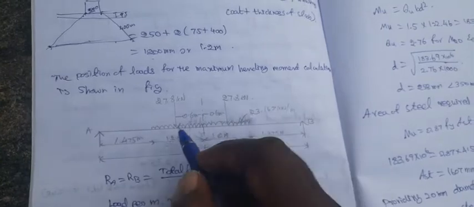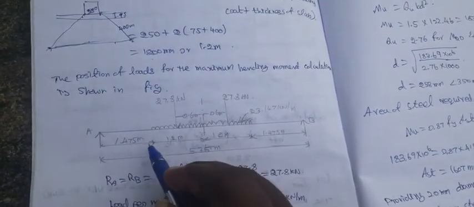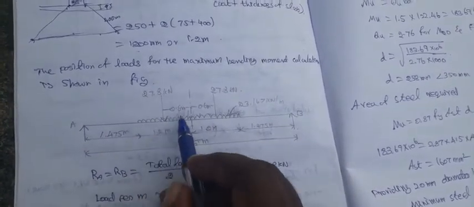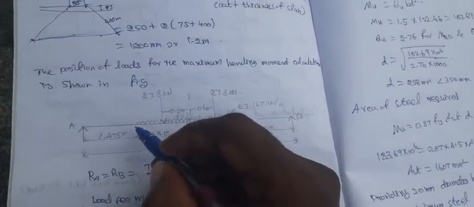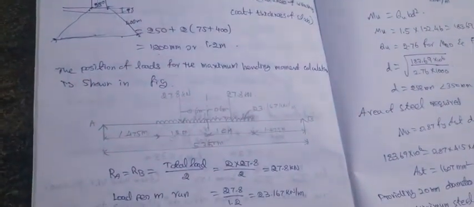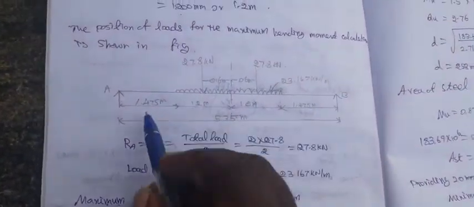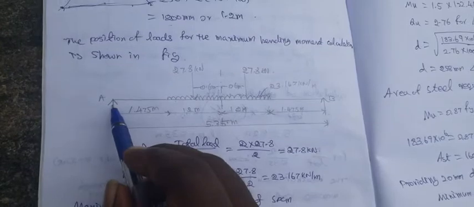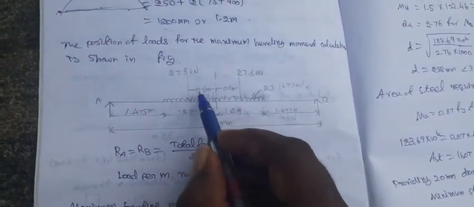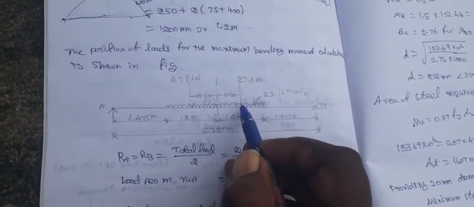This much load will be spread in this direction. So 1.2 meter from the left support, 1.2 meter from the right support. These all portions along the 7 meter length will be considered as a uniformly distributed area load. So here is support A, here support B. This is the loaded portion. The loaded portion is 0.6 meter from the center, and on the left side also 0.6 meter from the center.